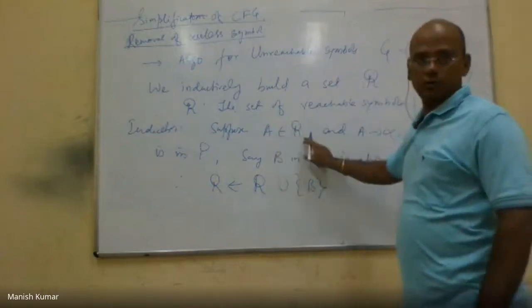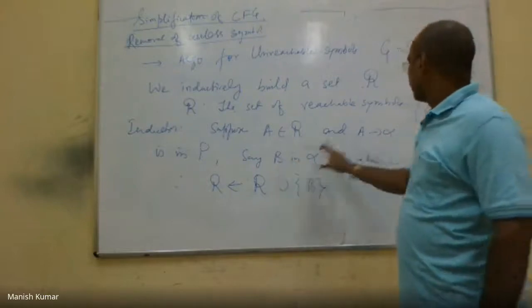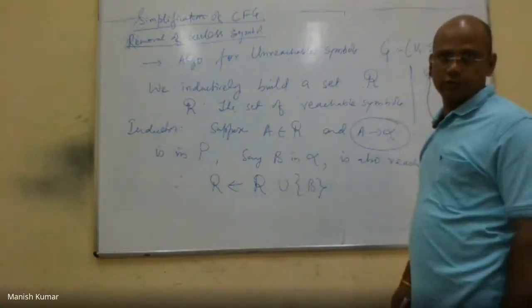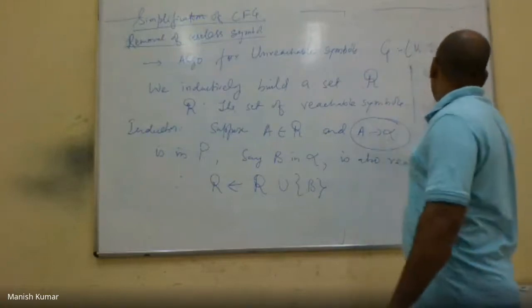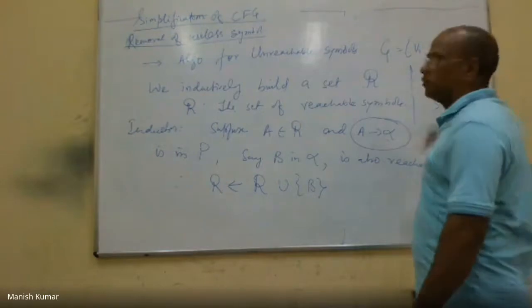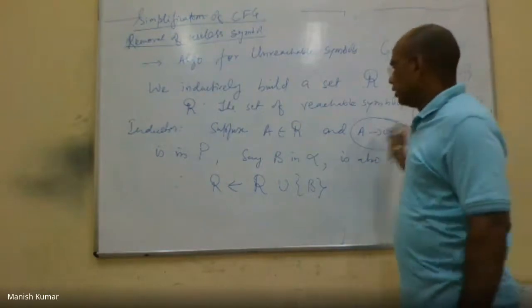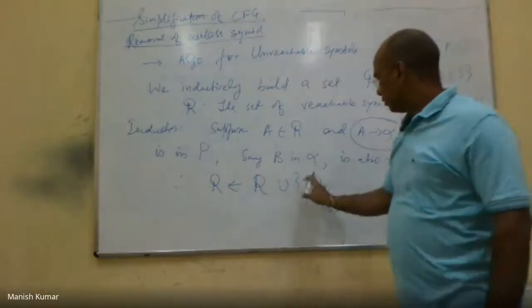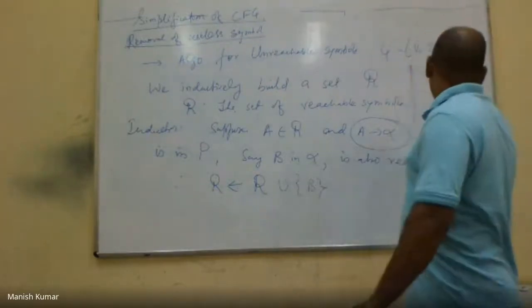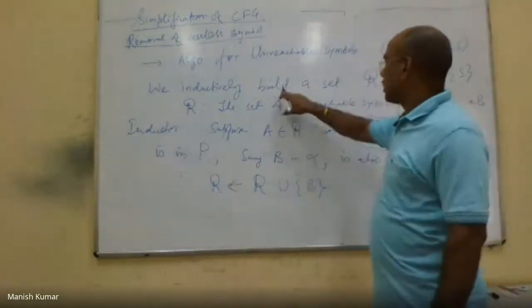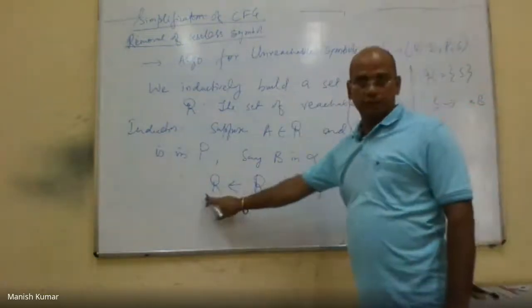So S belongs to R. Now, if any production rule of this type holds, say S goes to A B, then this R set will be updated with A and B.